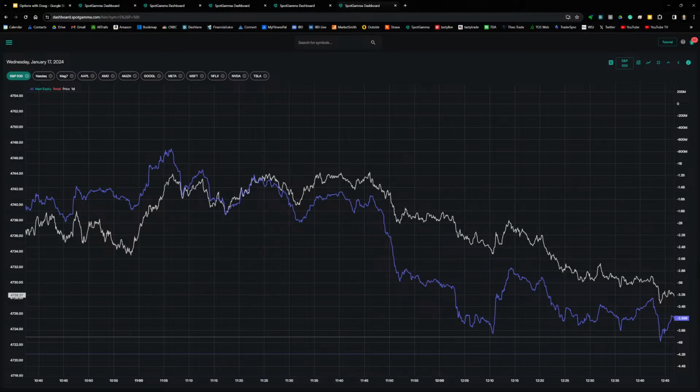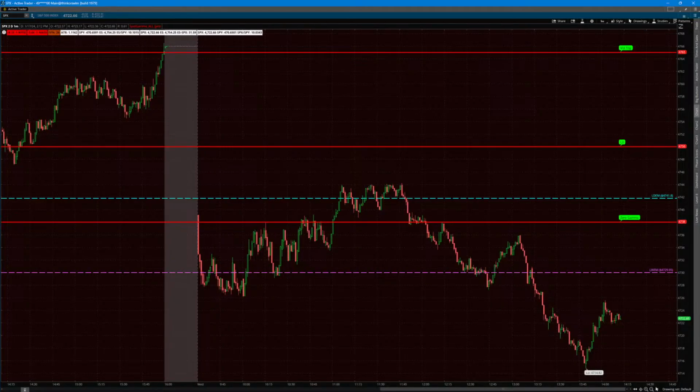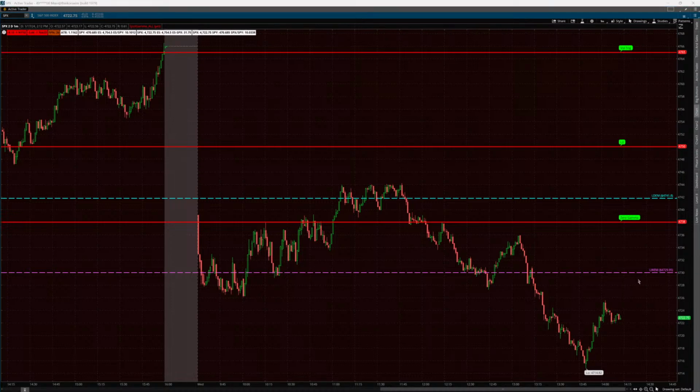So let's go back to the SPX 1 minute chart. SPX is trading below the lower daily expected move and the lower weekly expected move. Yeah, I interpret that as bearish. Definitely.